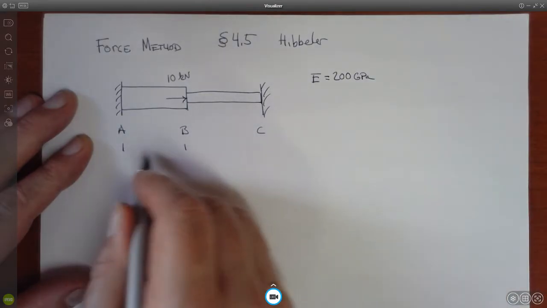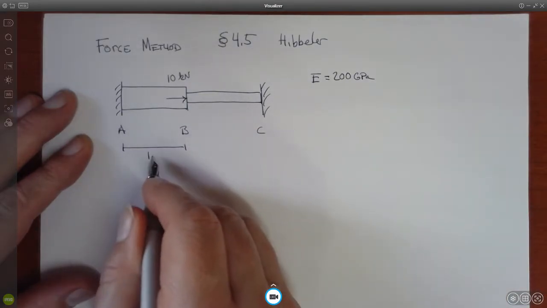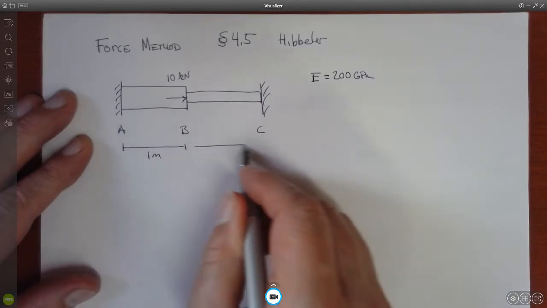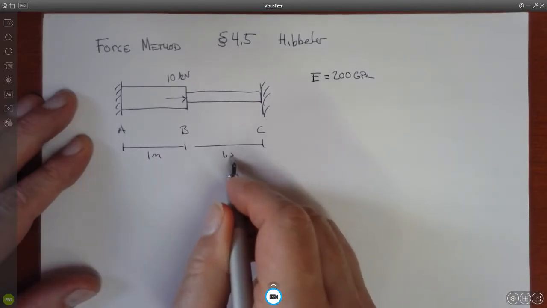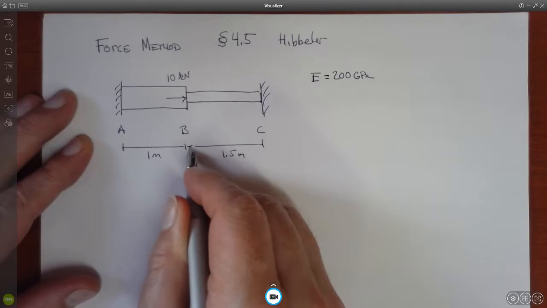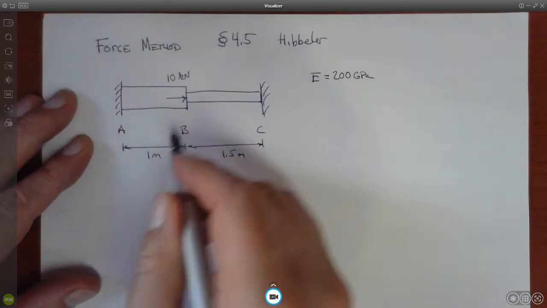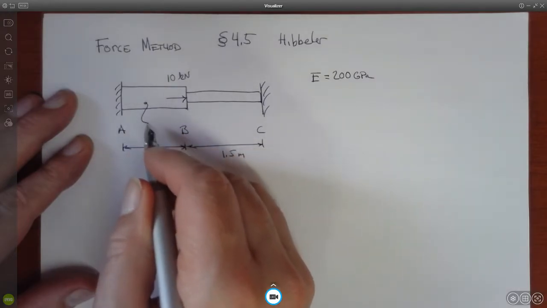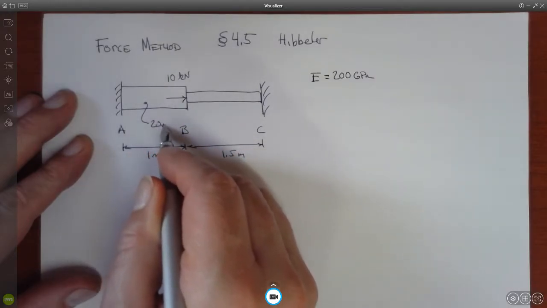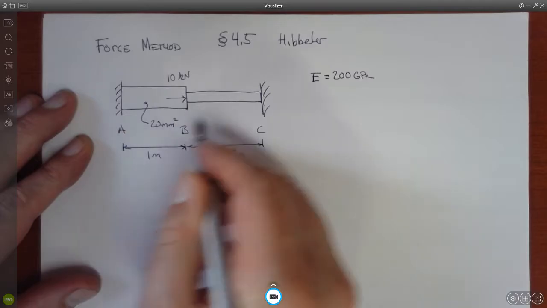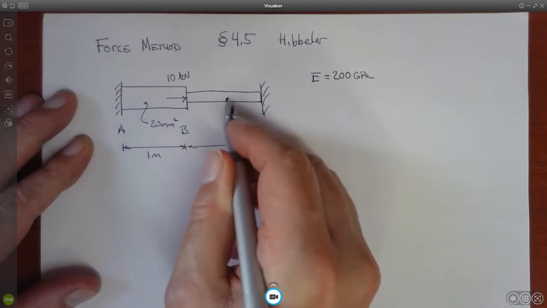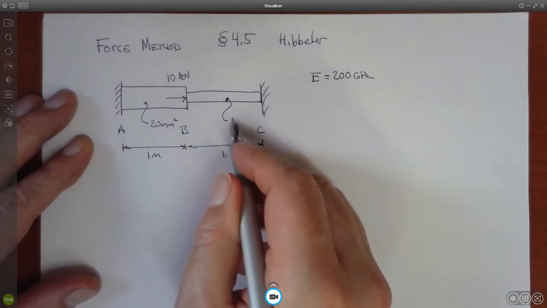The length from A to B is 1 meter, and from B to C is 1.5 meters, okay? Section AB has an area of 20 square millimeters, and section BC has an area of 10 square millimeters, okay?